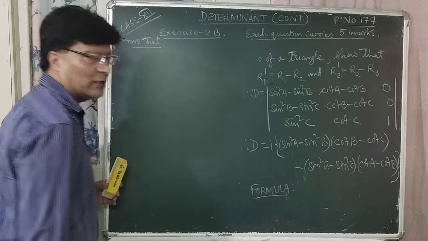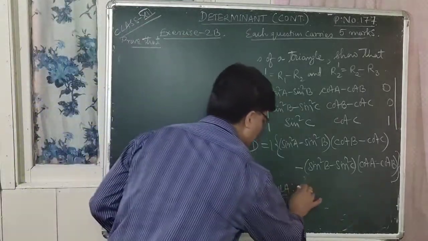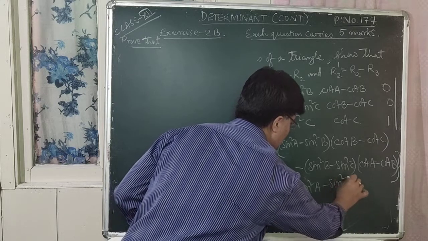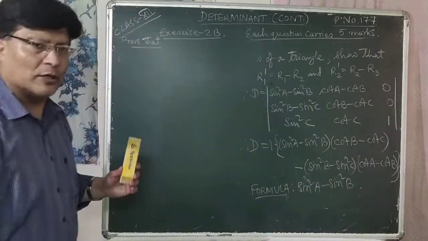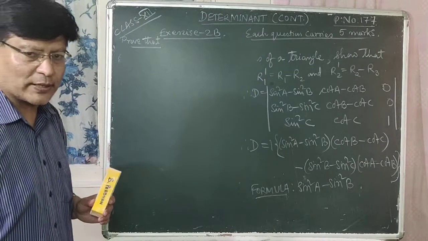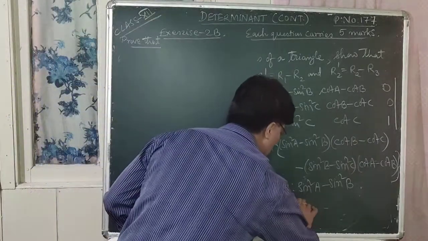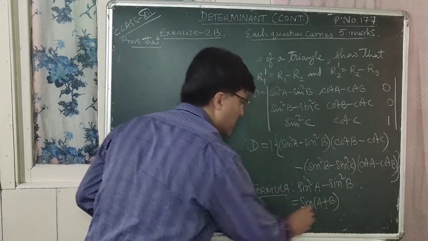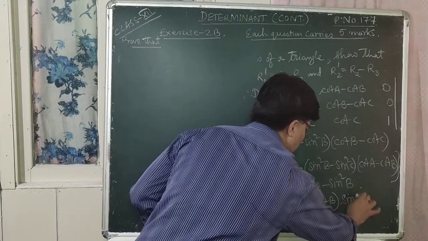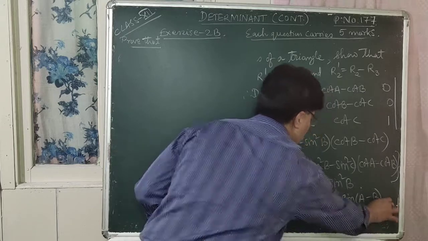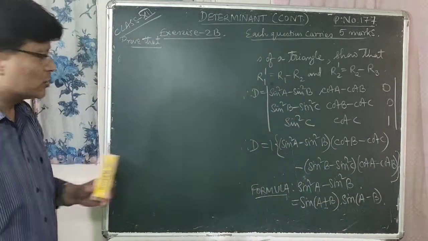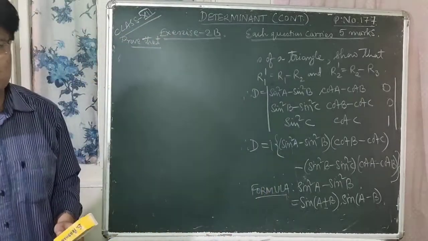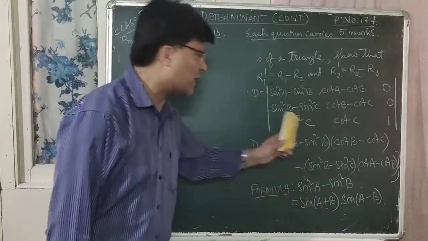Do you remember this formula? Sin square A minus sin square B is equal to sine of A plus B into sine of A minus B. So we should use this formula now.